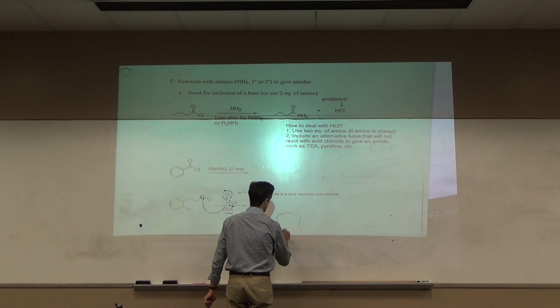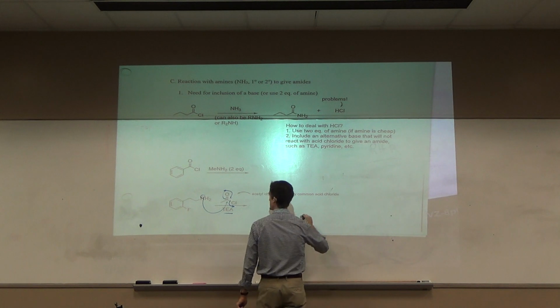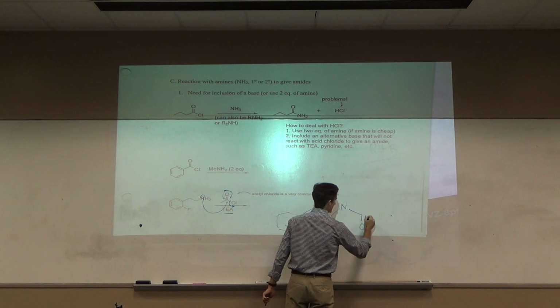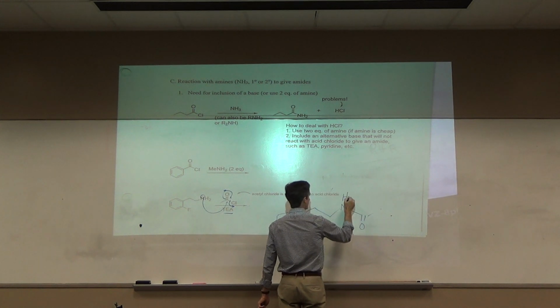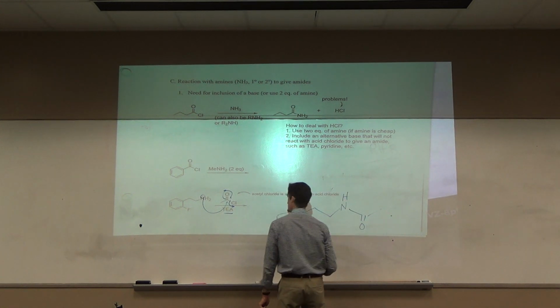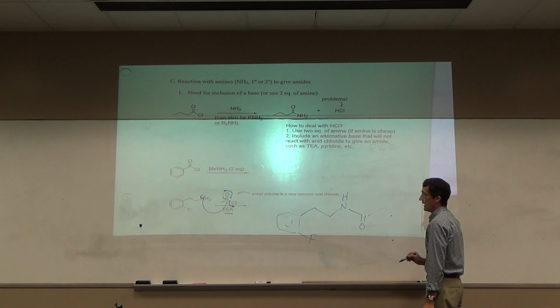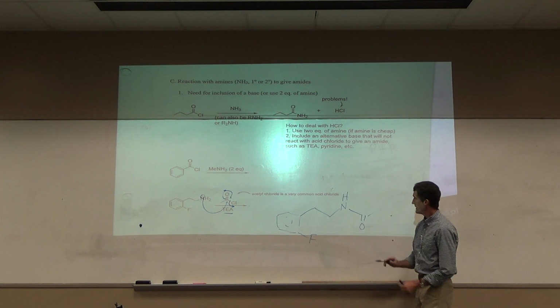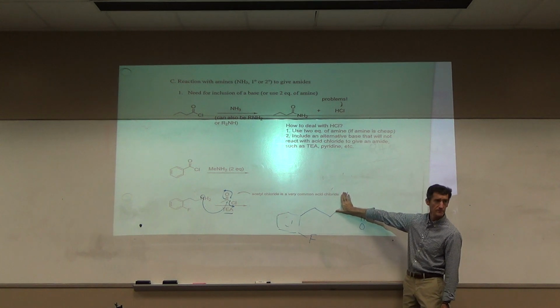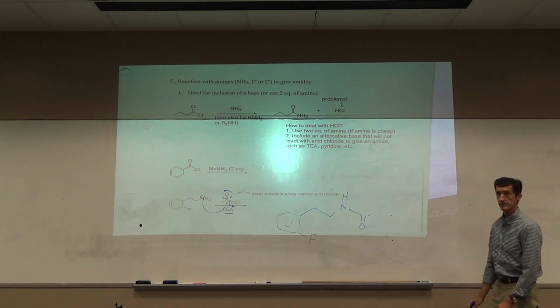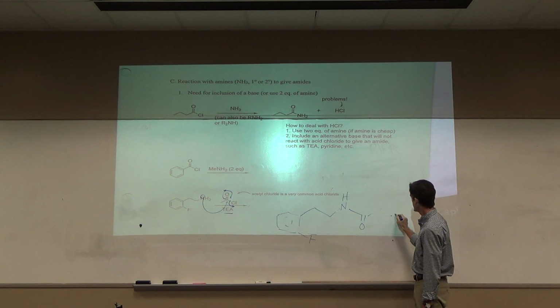Product here is nitrogen now bonding to the carbonyl. There's an H here. Is that the product? Basically, under my hand it used to be chlorine, but now it's the nitrogen. And we're going to lose an H. What's going to take the H?